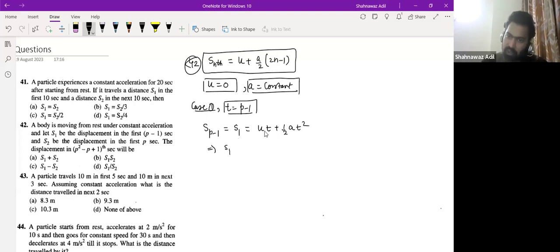S1, U is 0, that part is cancelled, plus half, A is constant, and what is the time that they have shown? Time is P minus 1, right? So P minus 1 whole square. So S1 is half A (P minus 1) whole square.